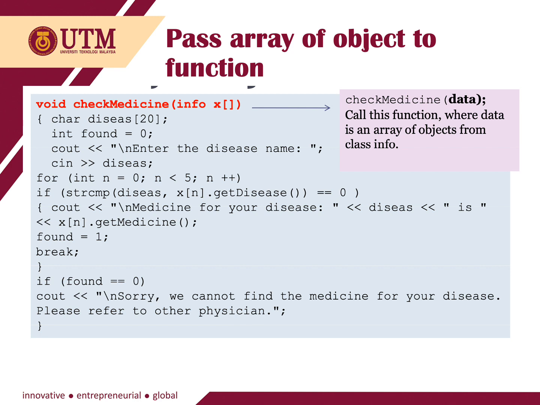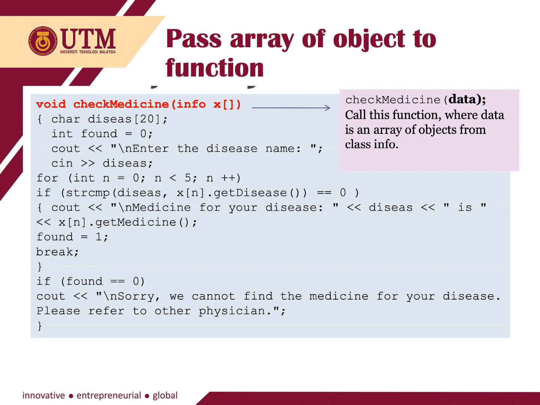Is it equal to whatever disease information is already stored in the array? Let's say in the disease array, for the array number 2, the value is fever. So meaning that the disease that the user input is in the database.